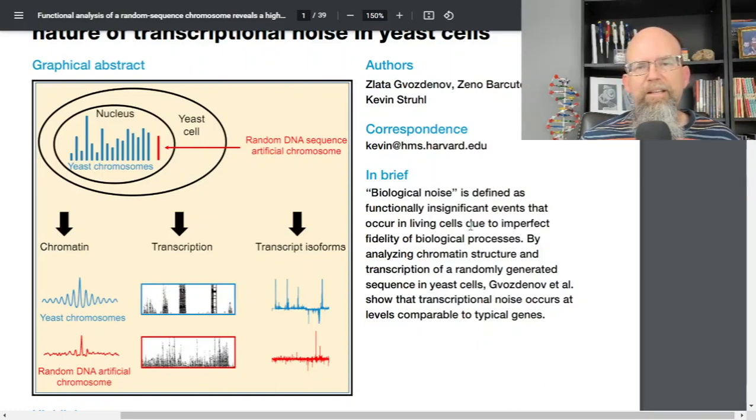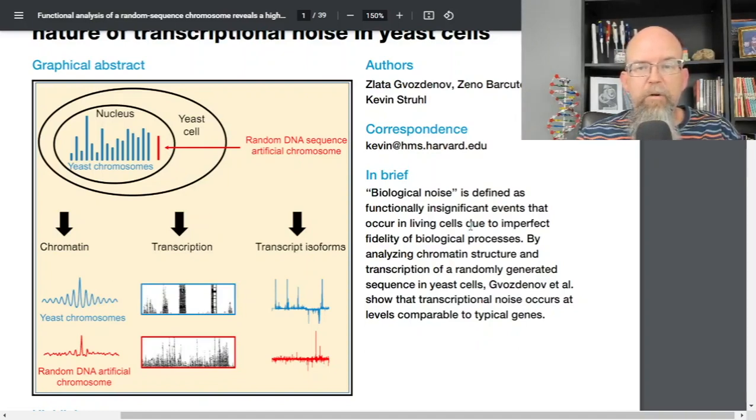And they're considered to be insignificant events because they're not chemical reactions that are occurring at a great enough frequency that they would have any significant impact on the function of our cells, right? Or on our phenotypes, the way we look and act and integrate things in our bodies.